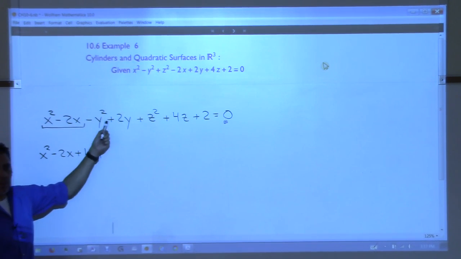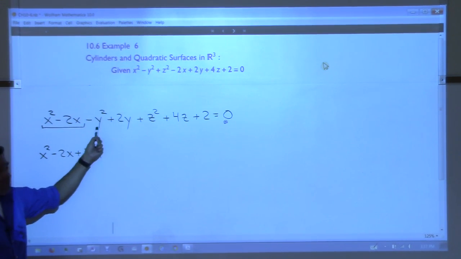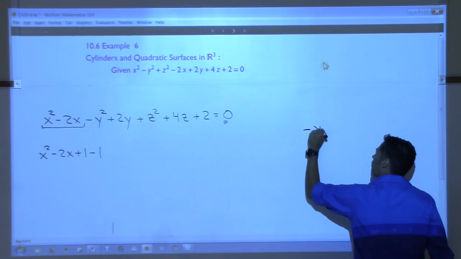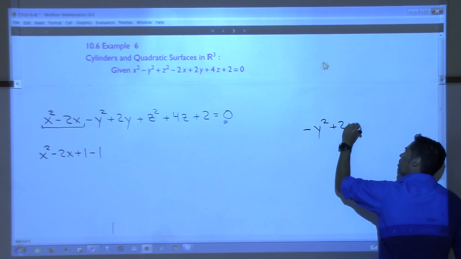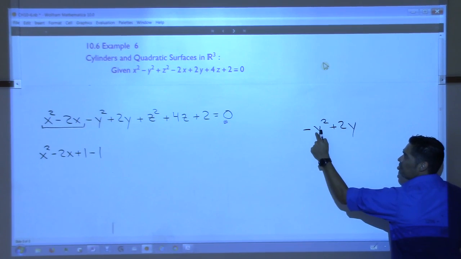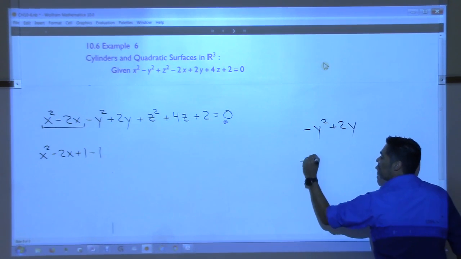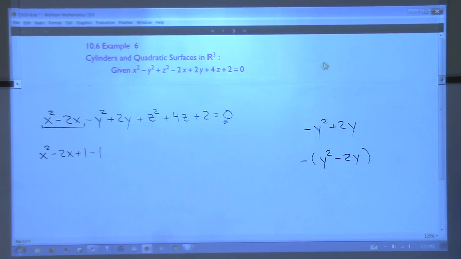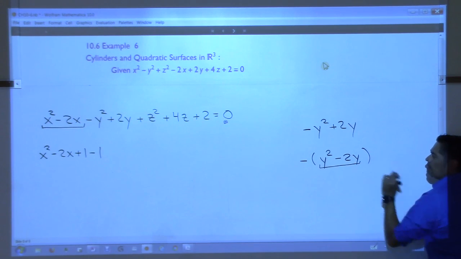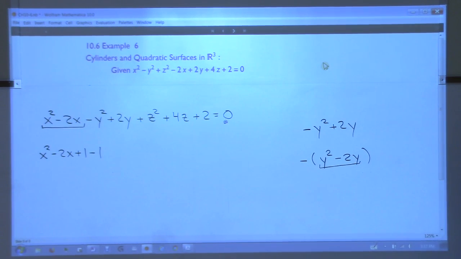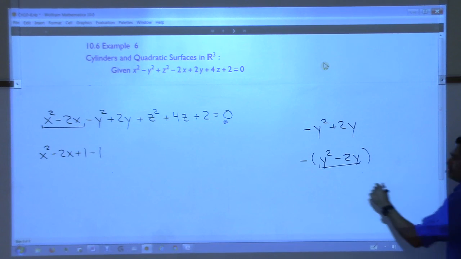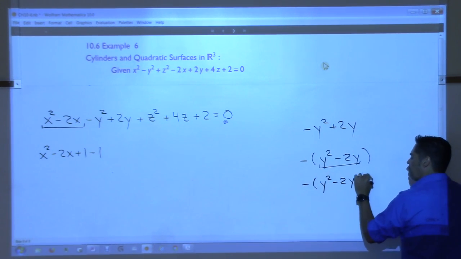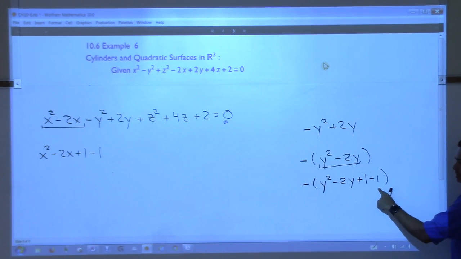This one, you have to be really careful because of that minus sign right there. So I'm going to do that one over here. To complete the square on that, I first need a coefficient of 1, so I'm going to factor the negative out. Then complete the square: take half of it, square it, add it, subtract it. So this will be a negative, then I'll have y squared minus 2y plus 1 minus 1 inside the parentheses.